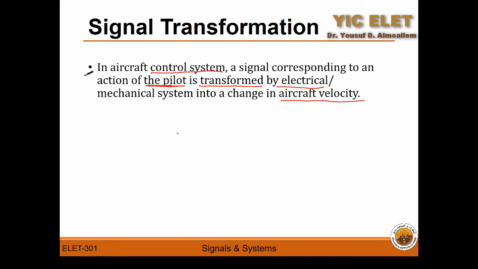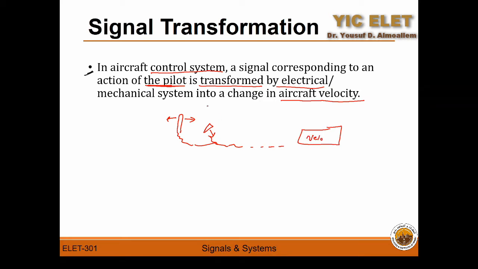So moving a joystick forward or backward, or pressing on a paddle downward or leaving it upward, these types of actions will be transferred as electrical signals or mechanical signals, and then it will reach somewhere to change the airplane velocity.